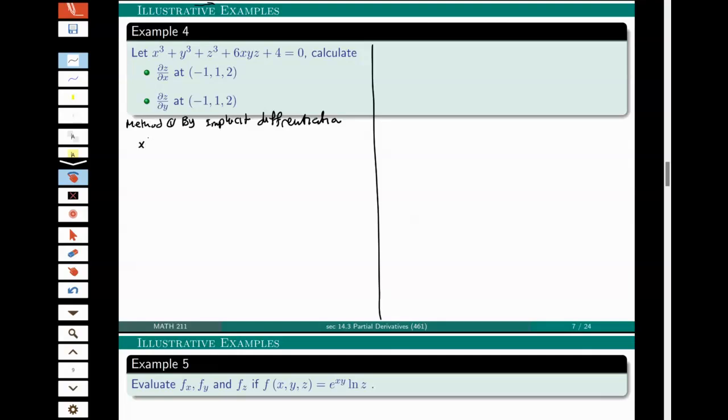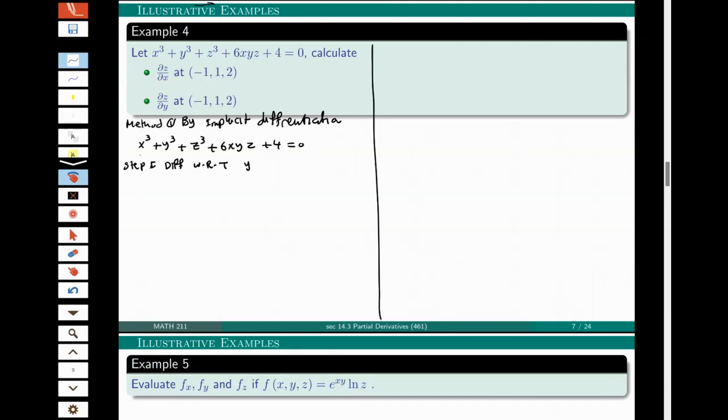So I have x cubed plus y cubed plus z cubed plus 6xyz plus 4 equal to 0. My first step, differentiate with respect to y.